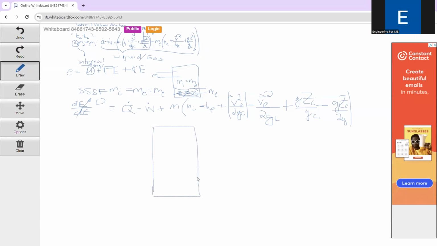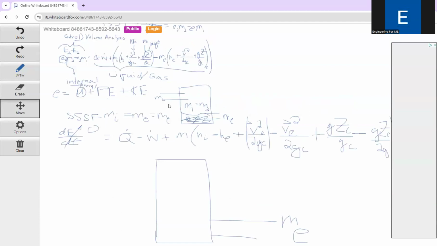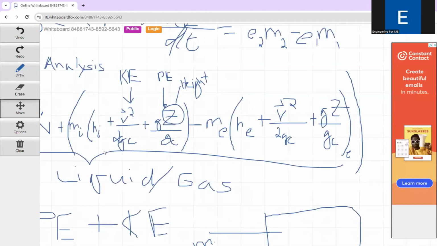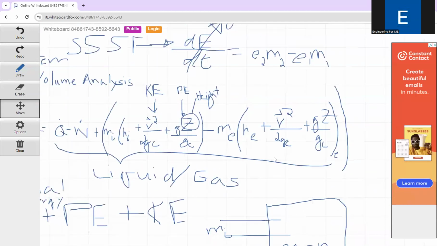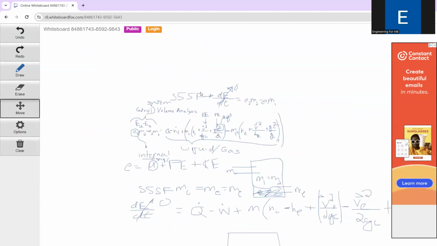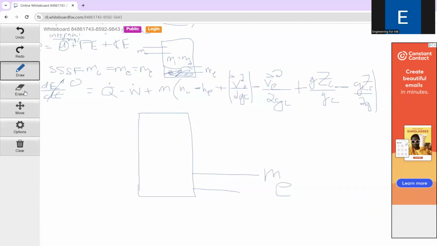Let's say you have just something exiting. That means there's no initial, and then this ends up being zero. This portion. Just a heads up. But the question is, what do you do when you have a lot of systems?